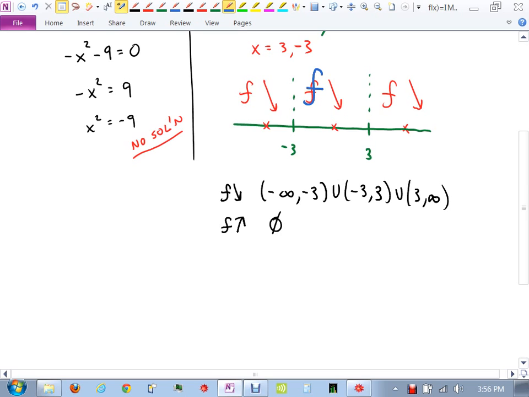Let's just say in blue here that this went up, for the sake of argument and demonstration. Would we have a local minimum and a local maximum? No, we wouldn't. Exactly. Why not?